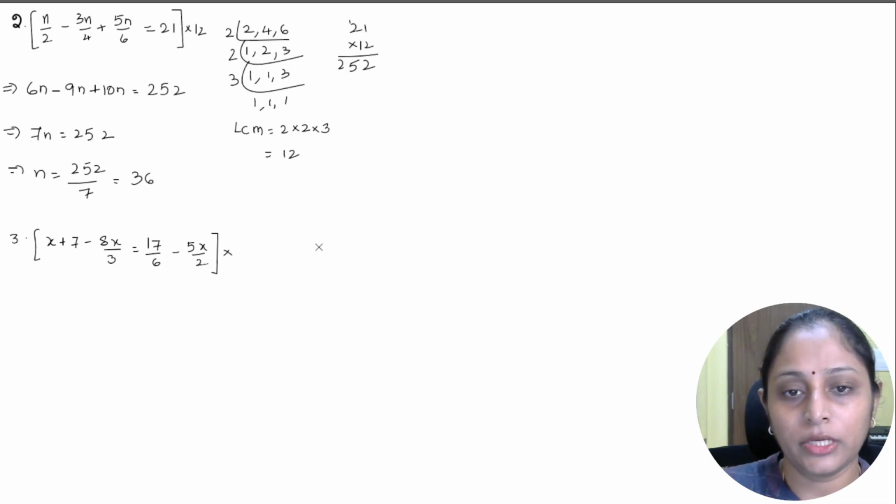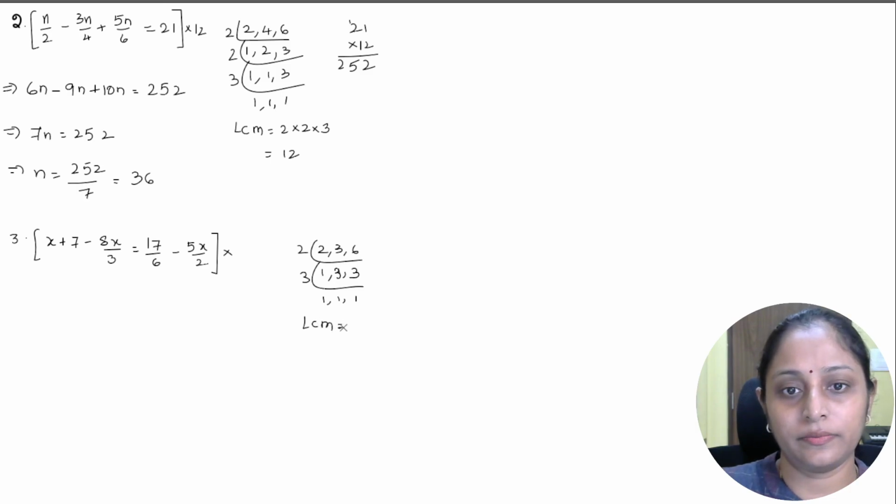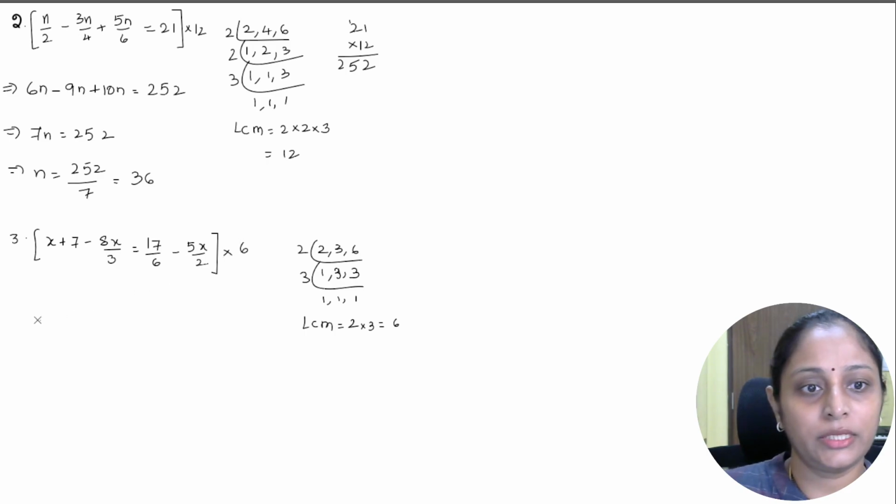So let me check what is the LCM. 2, 3 and 6. 2 ones, 2, 3, 6, 3. So my LCM here is 6. I'm going to multiply this with 6.